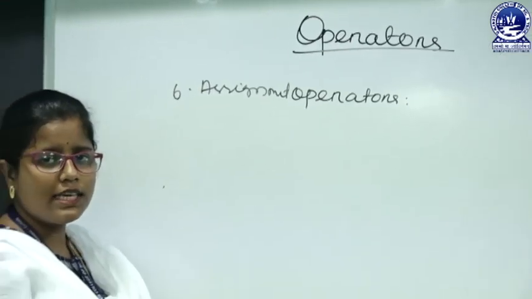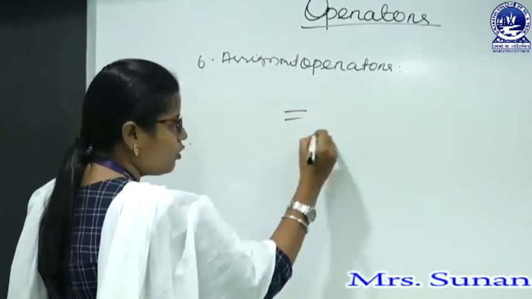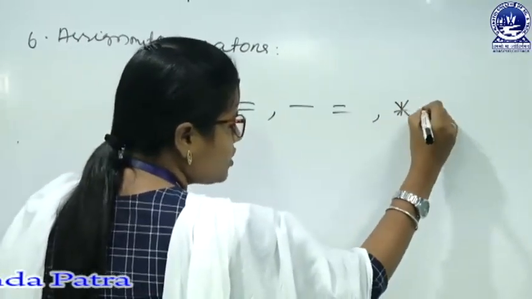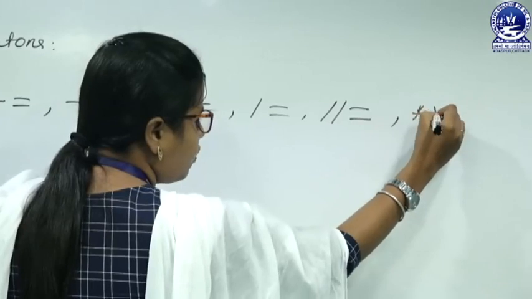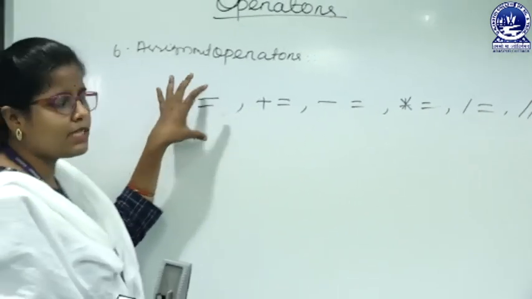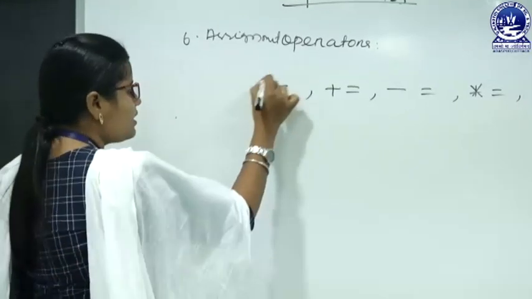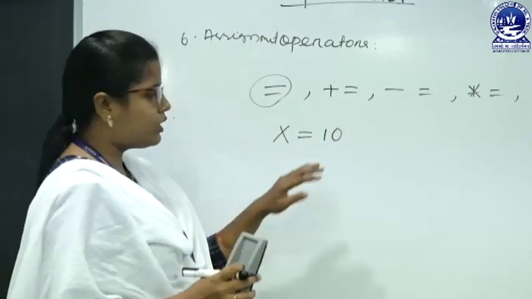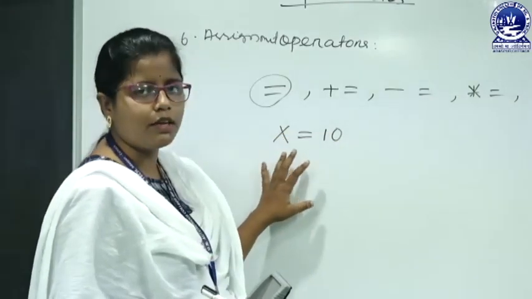Next, come to the sixth operator, that is the assignment operator. We have assignment operators like equals, plus equals, subtraction equals, multiplication equals, division equals, floor division equals, exponent equals, and like that. This is the simple assignment operator and these are the compound assignment operators. In the simple operator, if I write x equals 10, that means the value 10 is going to be stored inside the variable x.